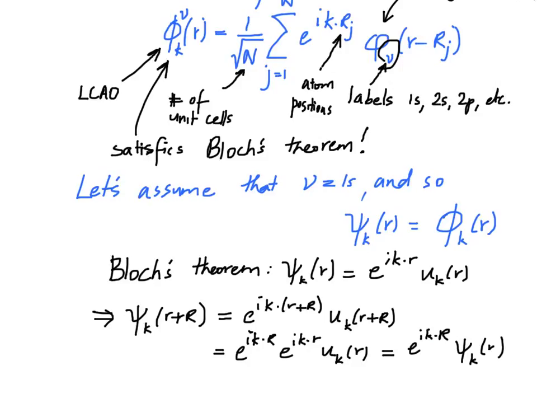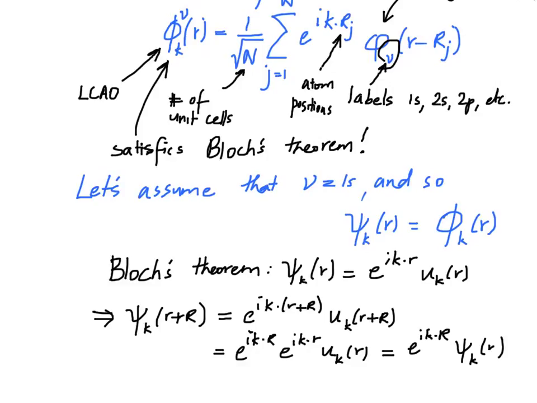So this is an alternative statement of Bloch's theorem, and as long as we are able to prove that this quantity here is equal to this, we have essentially proved Bloch's theorem. So going back to our LCAO, the linear combination of atomic orbitals phi, which we are using to represent our wave function within the tight binding approximation, we want to go back to this quantity and prove that this indeed satisfies Bloch's theorem.